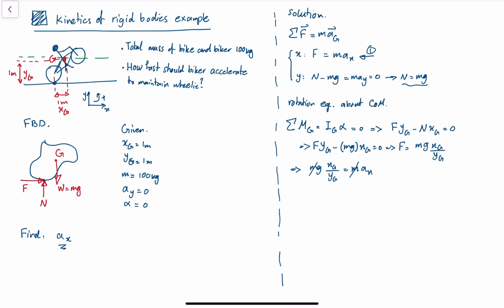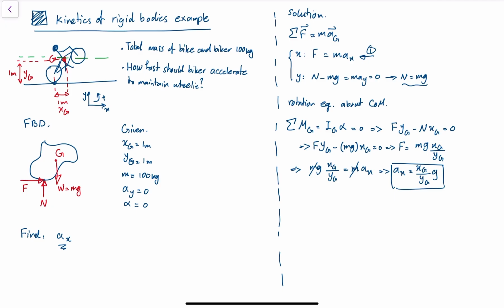So actually I didn't even need the mass. Did I? No. So ax is xg over yg times g. So a ratio of the locations of your center of mass, its height and its position, as that factors g.